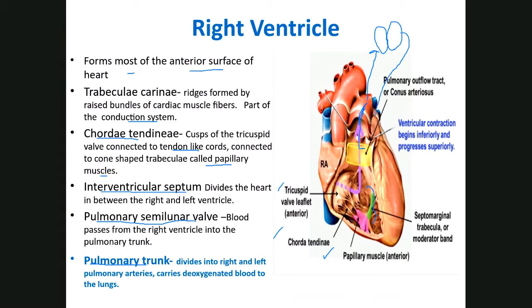Okay, so this pulmonary trunk is going to divide into right and left pulmonary arteries, and it's carrying this deoxygenated blood to the lungs. As we talked about, the definition of a vein is carrying blood to the heart, okay? Where an artery, the actual definition, is carrying blood away from the heart, okay?